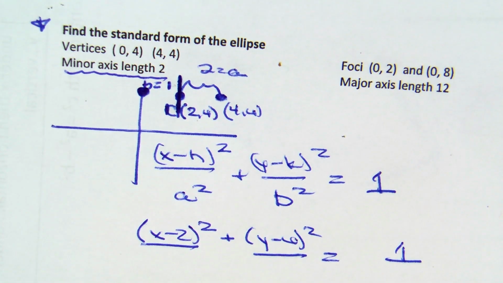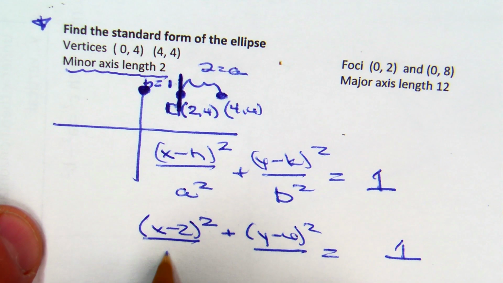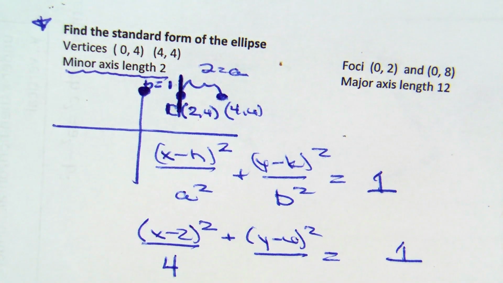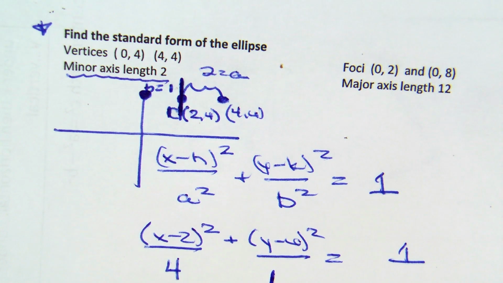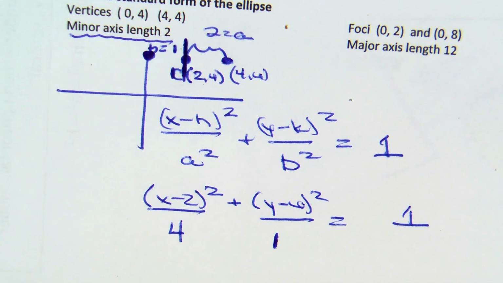A is the distance from the center to a vertex, which is 2. What is 2 squared? 4. B is the distance from the center to a co-vertex. In this case, 1. What is 1 squared? 1. It's your choice whether you want to write the 1 or not. Boom, you have your equation.